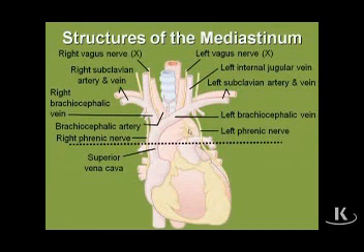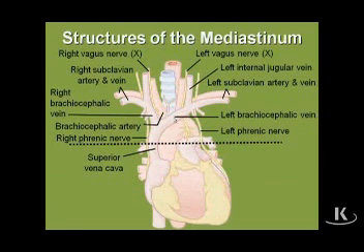And then we also have the branches of the aortic arch, the brachiocephalic trunk, the left common carotid artery, and the left subclavian artery. So those vessels collectively, ascending aorta, aortic arch, descending aorta, brachiocephalic trunk, left common carotid artery, and left subclavian artery, comprise layer 3, the arterial layer.